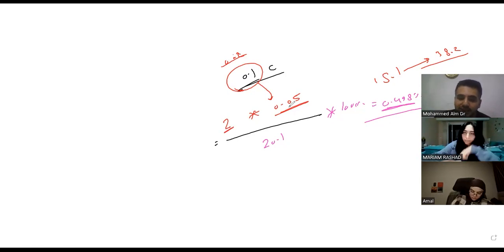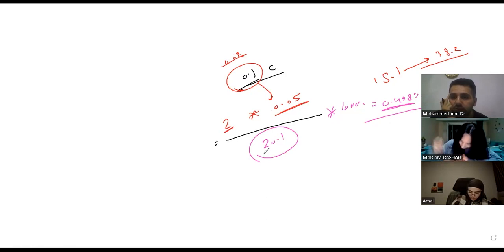When the measured temperature increases, when it gets larger, what will happen to the percentage error? It gets smaller. It decreases, right? So this is very important.